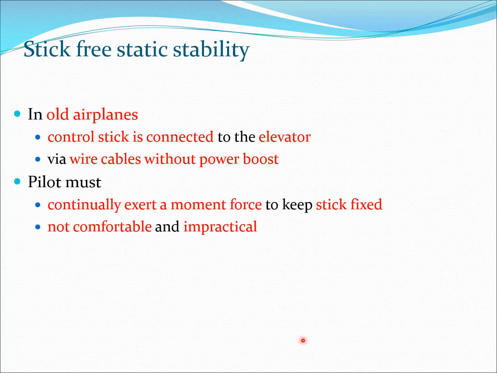Now in many old airplanes what happens is that the control stick is connected to the elevator via wire cables without any power boost. So in that case what the pilot has to do is that he has to continuously give a moment force to keep the stick fixed, and this is not a comfortable situation, it's highly impractical. So therefore this kind of stick fixed stability is not used in some old or ancient airplanes.